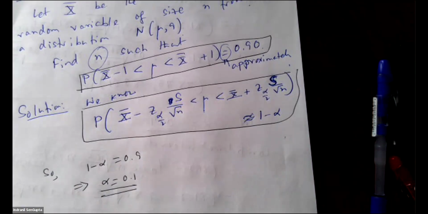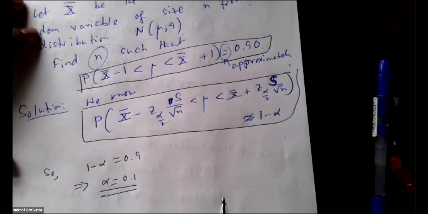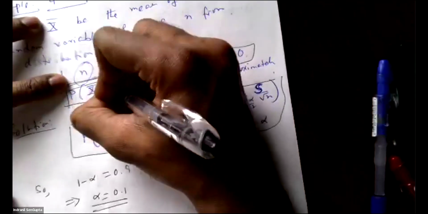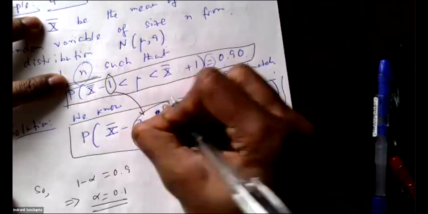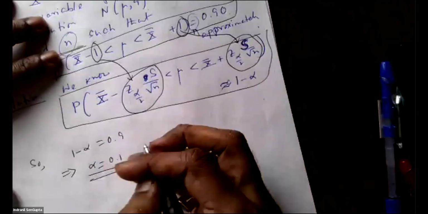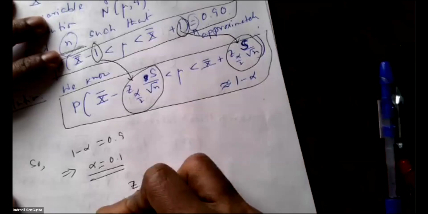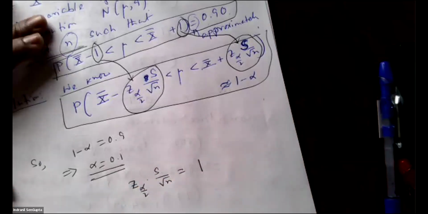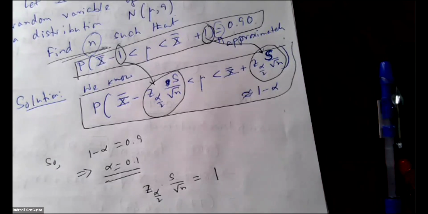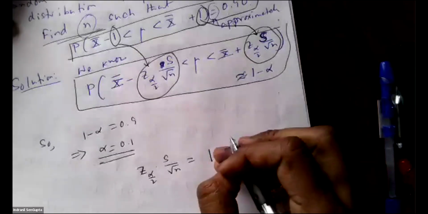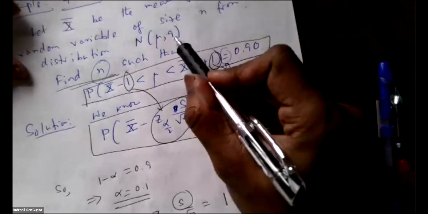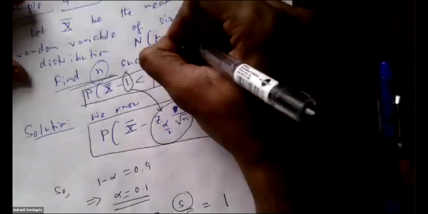As soon as you have alpha equals 0.1, what we are trying to find is n, right? So if you compare this, this one will be matched with this one. Same is true here. Since it's symmetric, one side is sufficient. We must have z of alpha over 2 times s over square root of n equals 1. Now, this s is the sample standard deviation, and actually the population variance is given, which is 9.